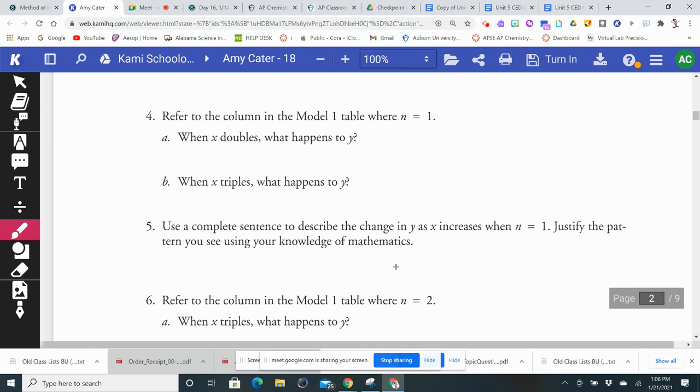Number 5 says use a complete sentence to describe the change in y as x increases when n equals 1. Justify the pattern you see using your knowledge of mathematics. So tell me, based on question number 4, tell me in a complete sentence how y changes as x changes.